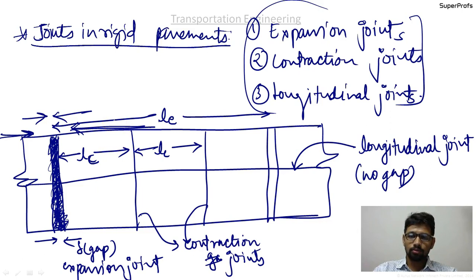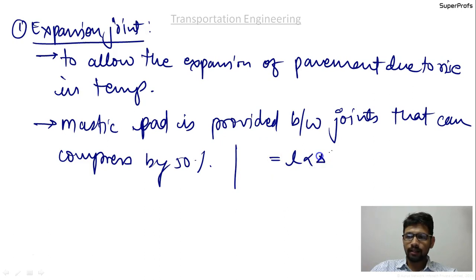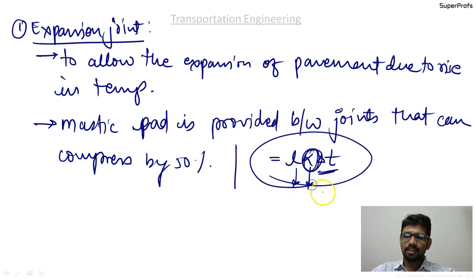We have the formula for expansion: expansion equals L alpha delta T, where L is the length, alpha is the coefficient of thermal expansion, and delta T is the increase or change in temperature. To use this formula in this particular case, the expansion allowed is known to us.